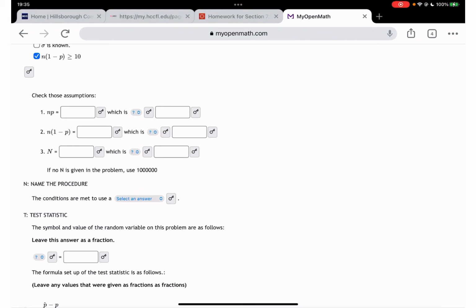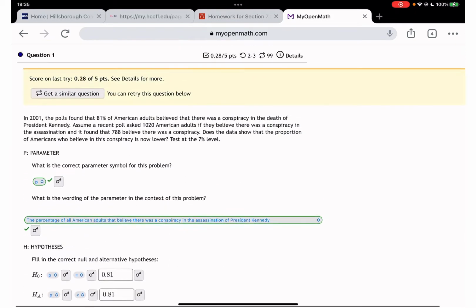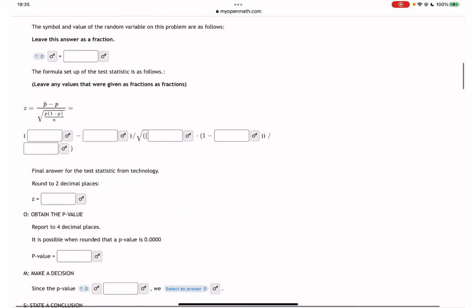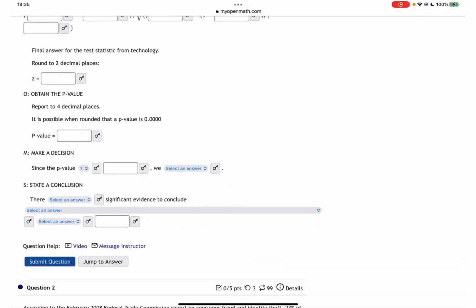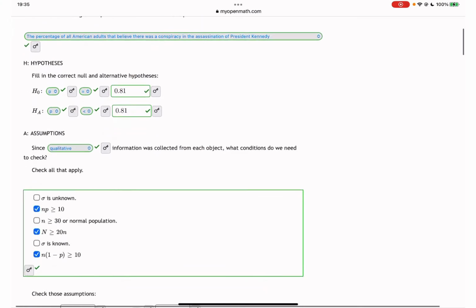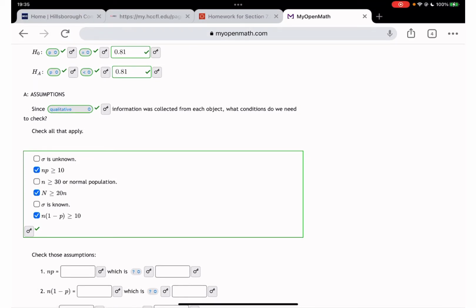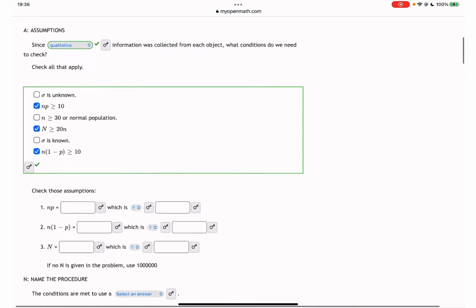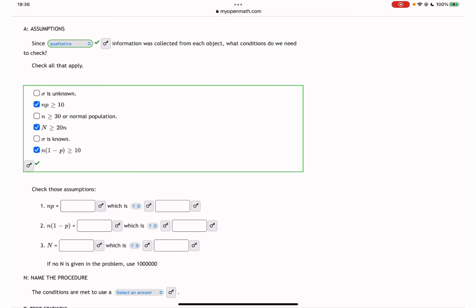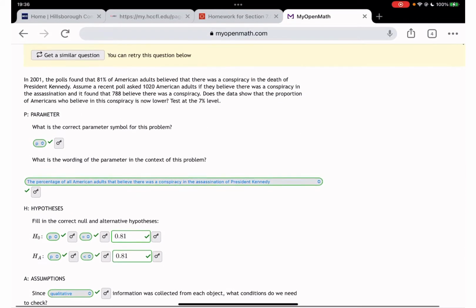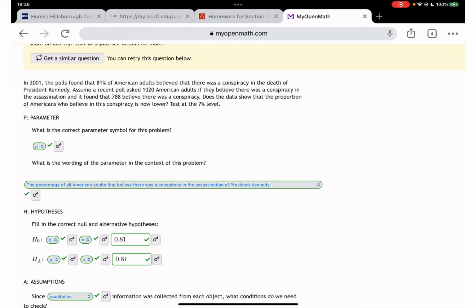So we are going to check those assumptions. For n times p, how much is our n? Let's find out our sample size, because we need to check n times p. P is 0.81 and the sample size is 1020.